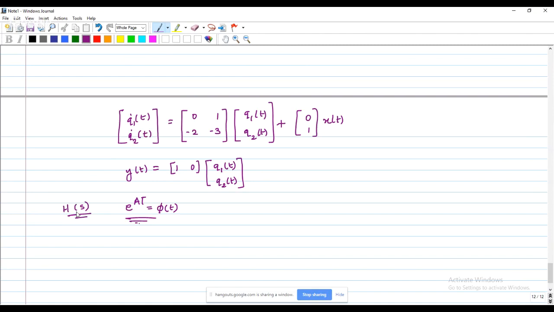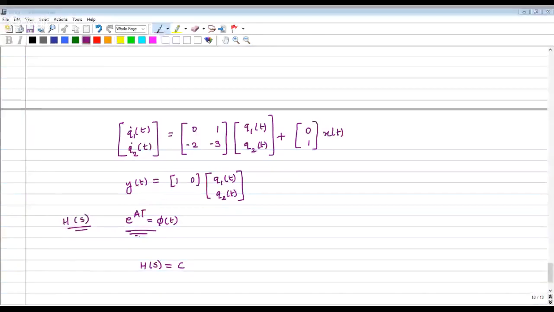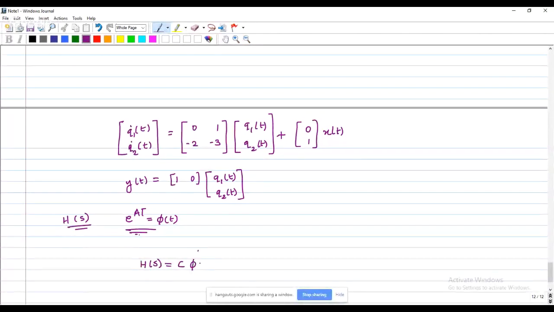Now we know that the transfer function H of s is given as, we have just proved it, C phi of s B plus D. Now, where is A, where is B, where is C, where is D?